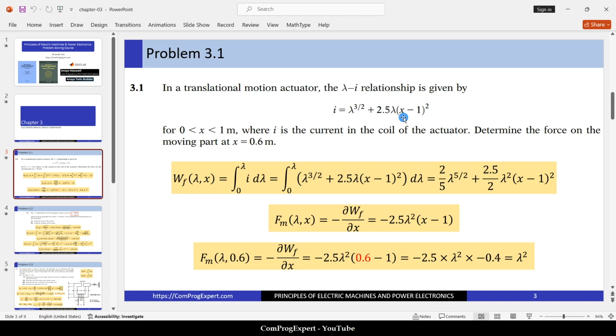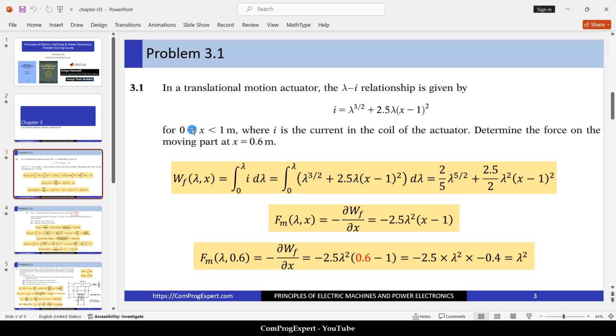Also, we have this position variable x. We have one-dimensional motion. In this problem, we have an actuator and the mover can move only in one direction.